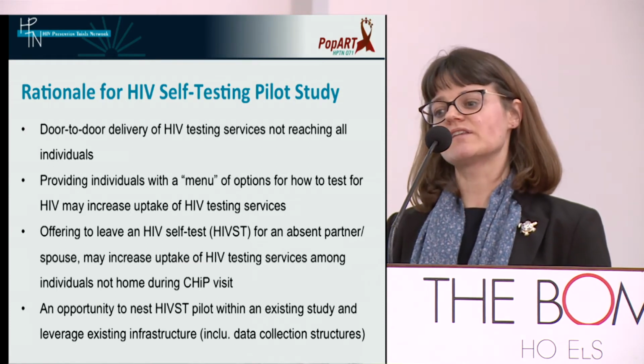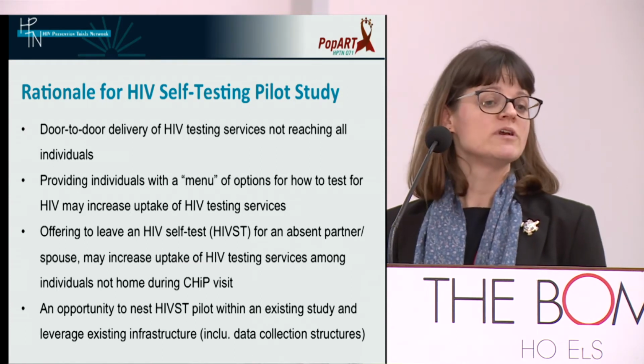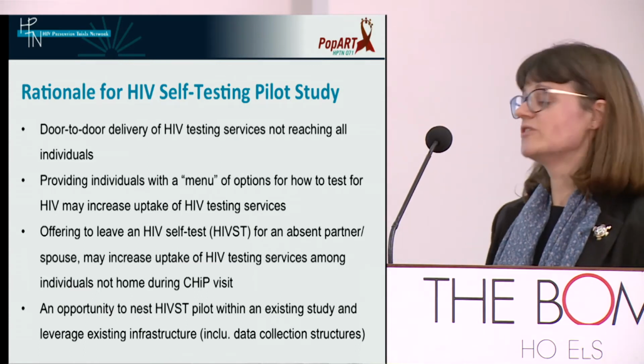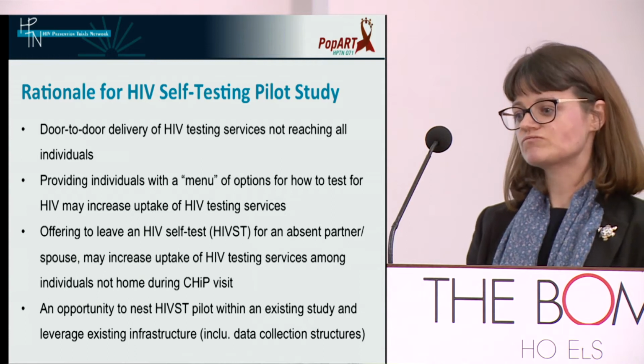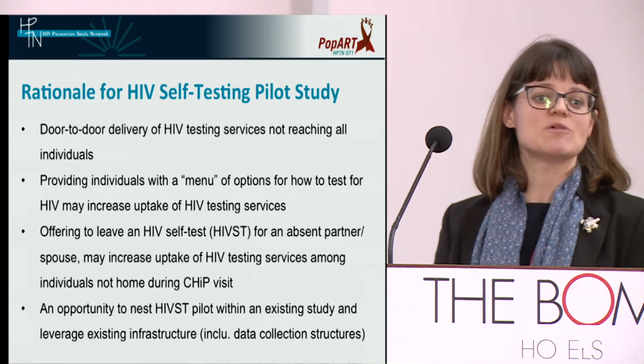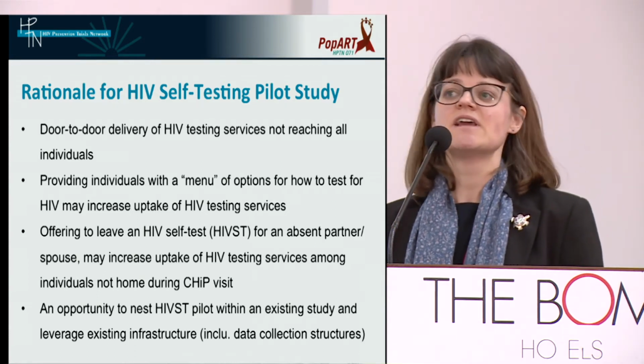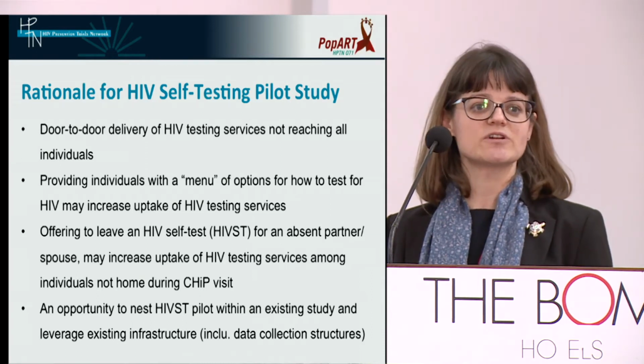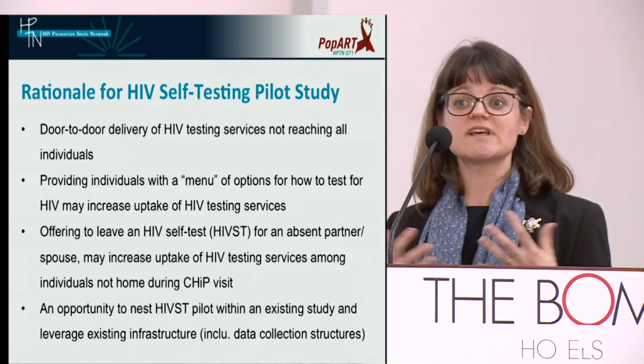And we also thought, thinking about men who aren't at home, maybe leaving a test kit for their partner who is there could help reach those men who we aren't finding at the moment. So we saw PopART really as an opportunity to test this hypothesis and to use an existing structure, so an infrastructure of community healthcare workers and a data collection structure, to test this hypothesis.